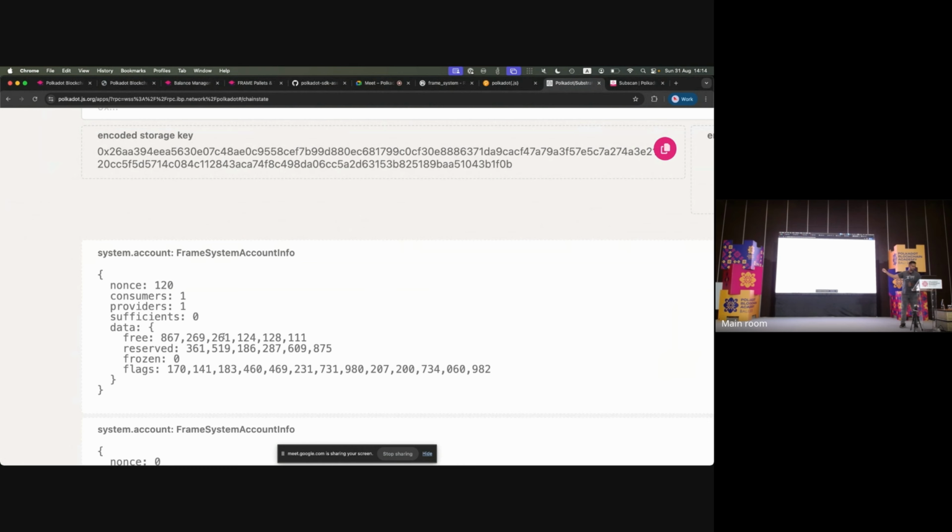When you hold, it gets removed from free and added to reserved. There is frozen, and you guys can correct me if I'm wrong, but my mental model is that frozen makes your account not go below some balance. It puts a restriction that your total balance cannot go below this amount.